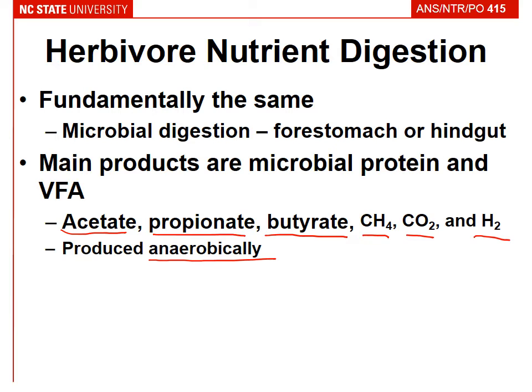So our ruminants are utilizing the forestomach, and our hindgut fermenters are obviously using the hindgut. The main products are microbial protein, and we also have the volatile fatty acids, being the acetate, the propionate, and the butyrate. And then we have gases that are formed: methane gas, carbon dioxide, and hydrogen. All of these are produced anaerobically, which means that there is no oxygen around.